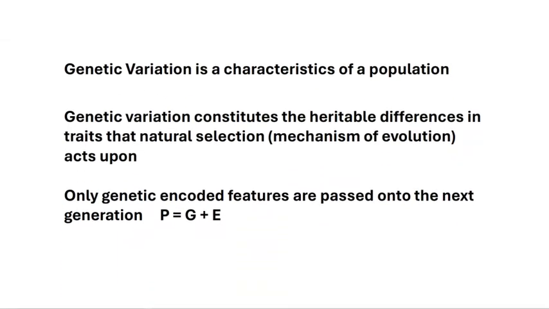So in summary, the genetic variation, remember, is that the word variation is differences, and therefore we must be talking about a population. Remember that it's only the genetic variation which is actually heritable, that can be inherited, not the parts of the phenotype which are controlled by the environment.